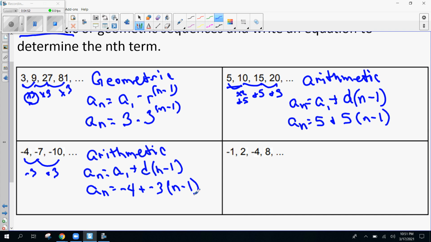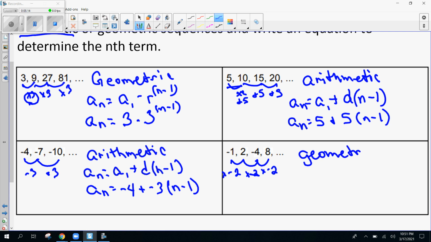In our last example, again, we have to figure out what has happened from the first to the second, second to third, third to the fourth. In this case, we're multiplying by -2. So this is geometric.